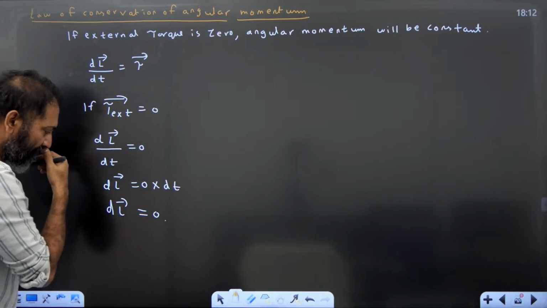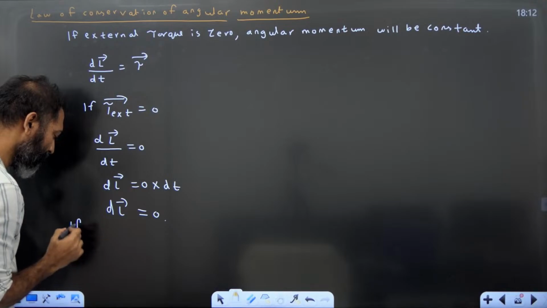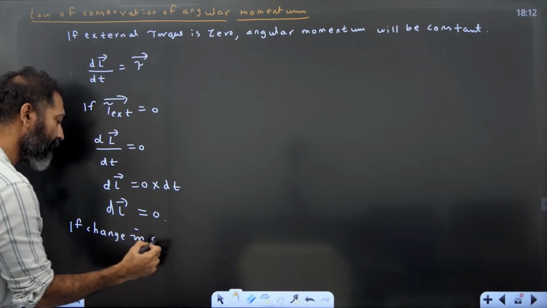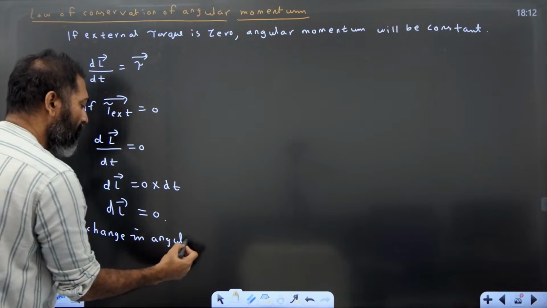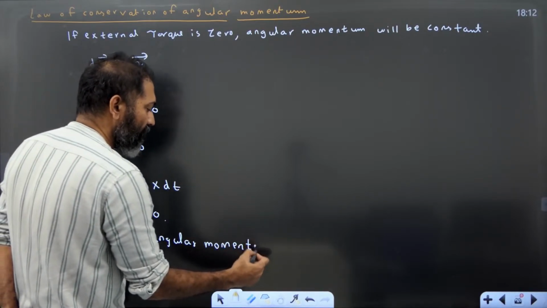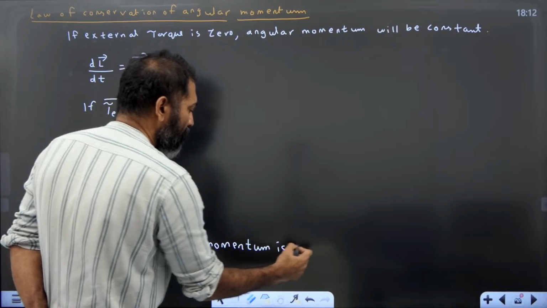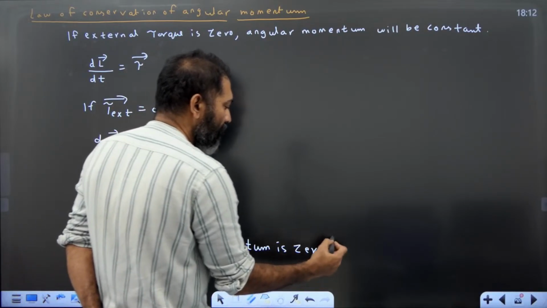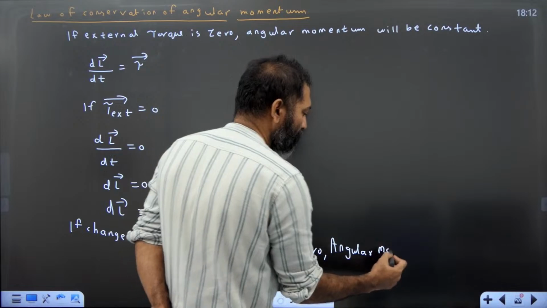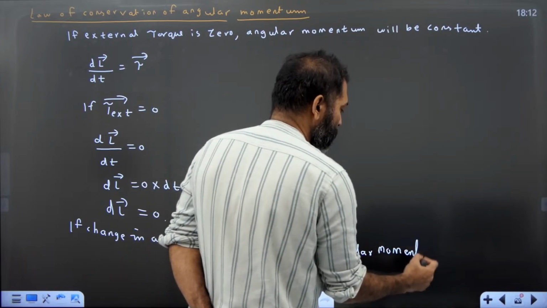So if the change in angular momentum is 0, angular momentum will be a constant.